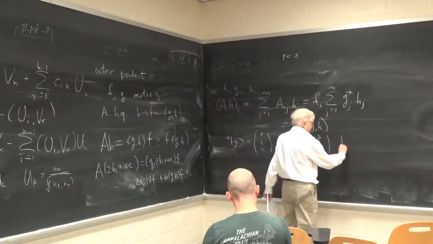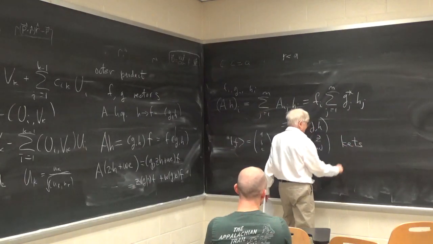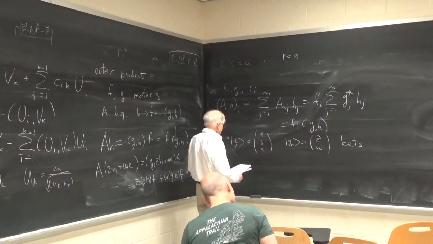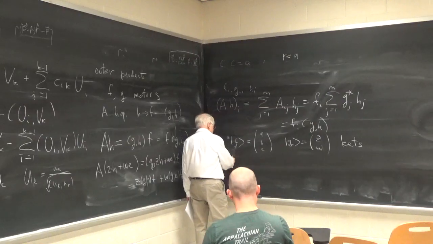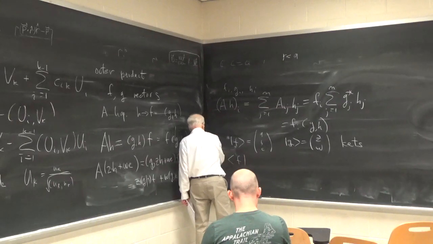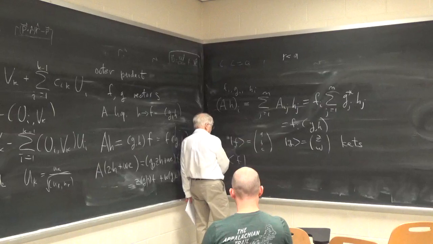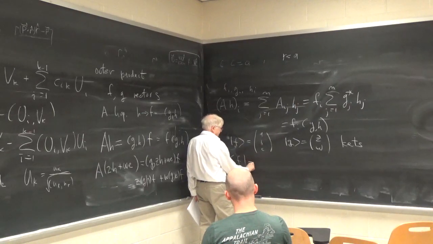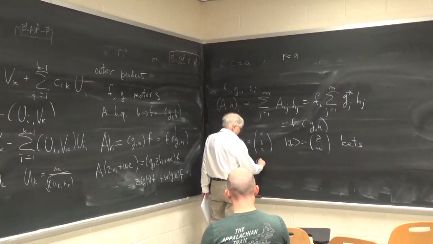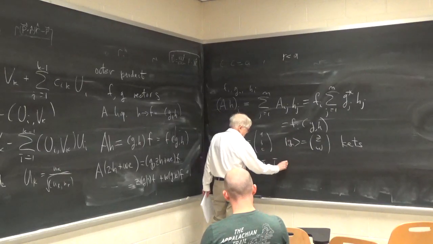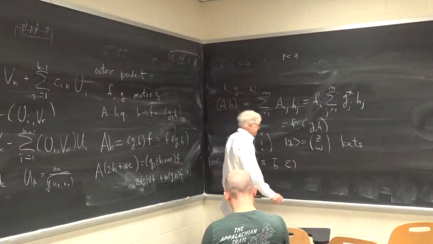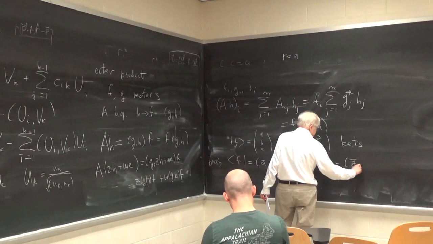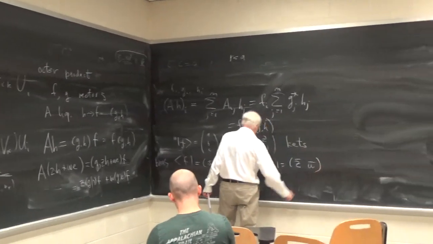These things he called kets. But then he introduced bras. So the bra associated with the ket F is A complex conjugate, B complex conjugate, C complex conjugate, and bra G is Z complex conjugate, W complex conjugate.